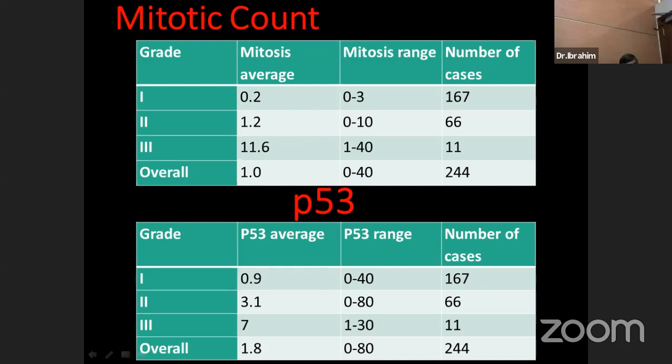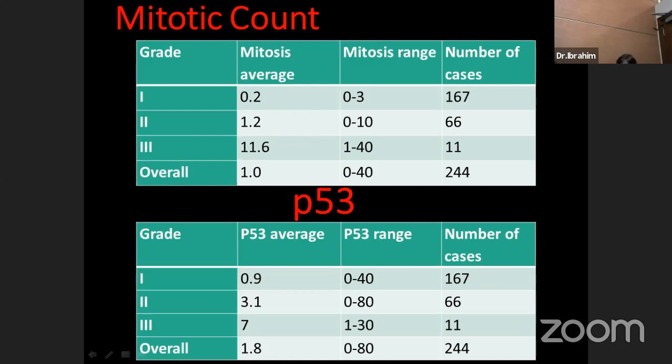I think with 4, we are probably missing some cases of grade 2 and undergrading them as grade 1. So I think we should not consider 4 mitotic figures as the point of differentiation between grade 1 and grade 2, but still the WHO considers grade 2 to be 4 or more.